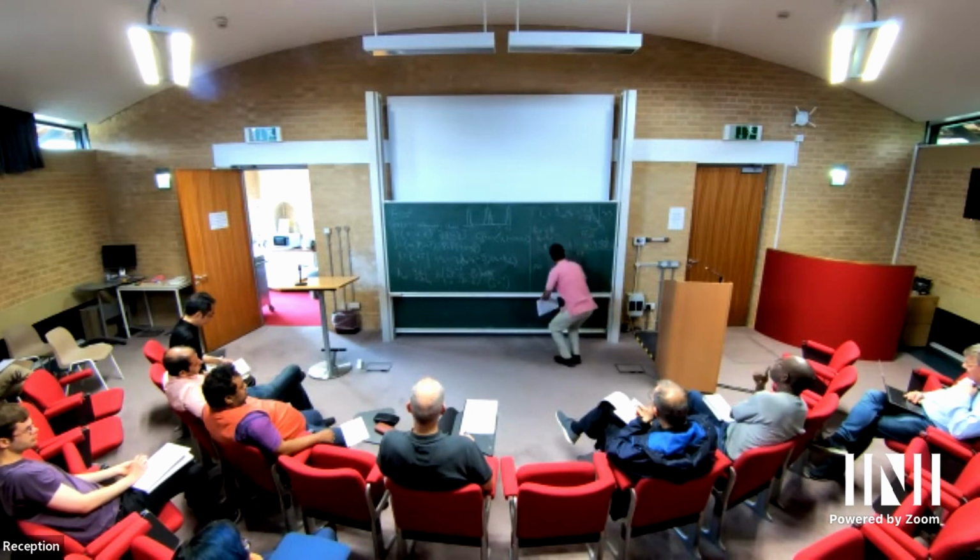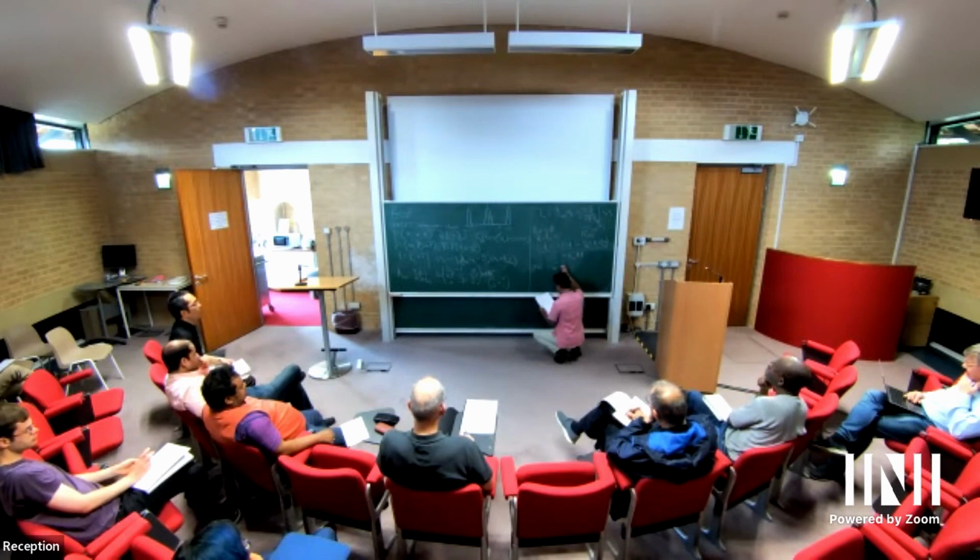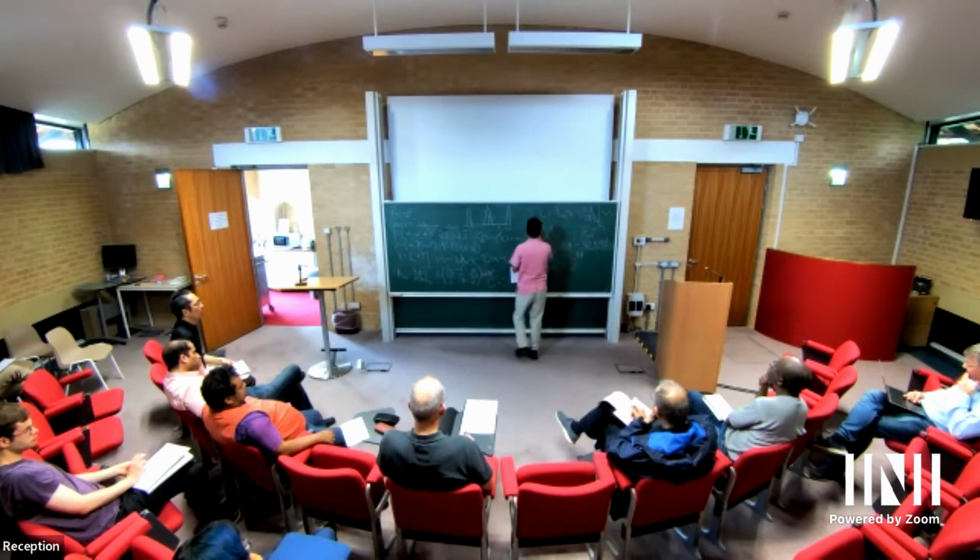In that case, what one can show is that these matrices have the property that G, A equal to plus minus 1 are the sound modes, right? And zero is the frequency.